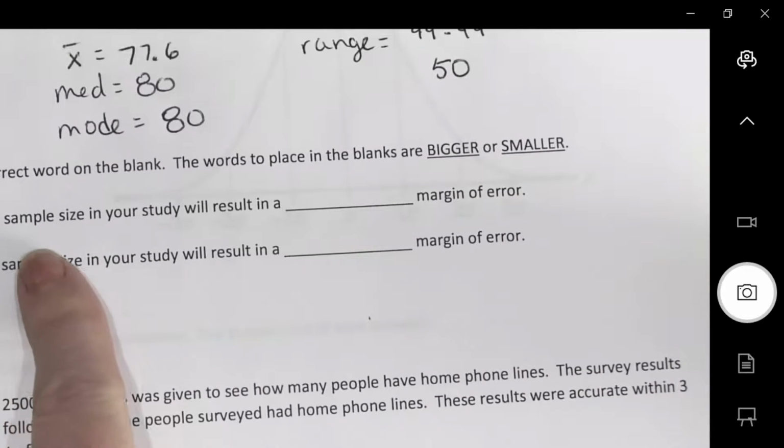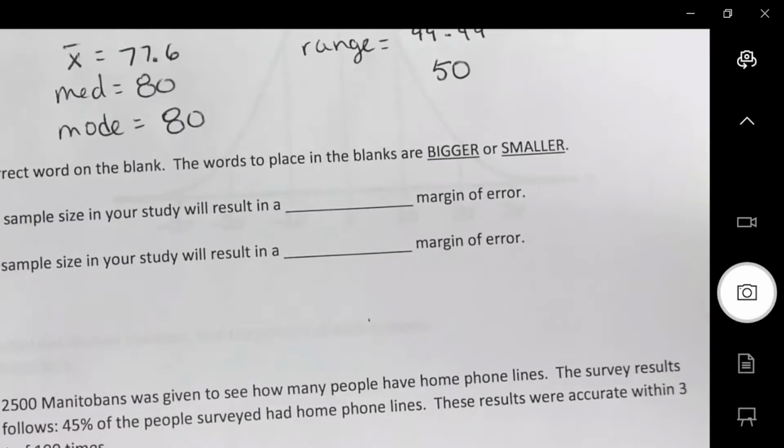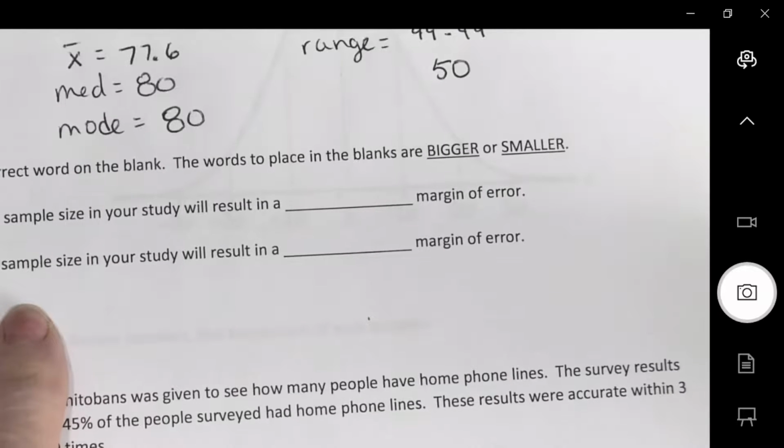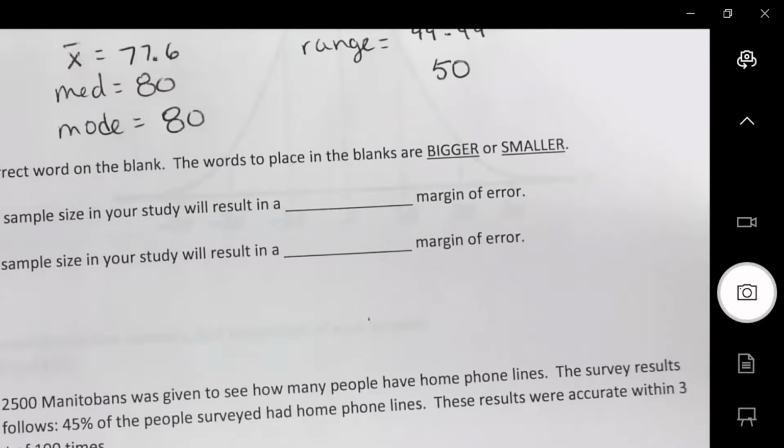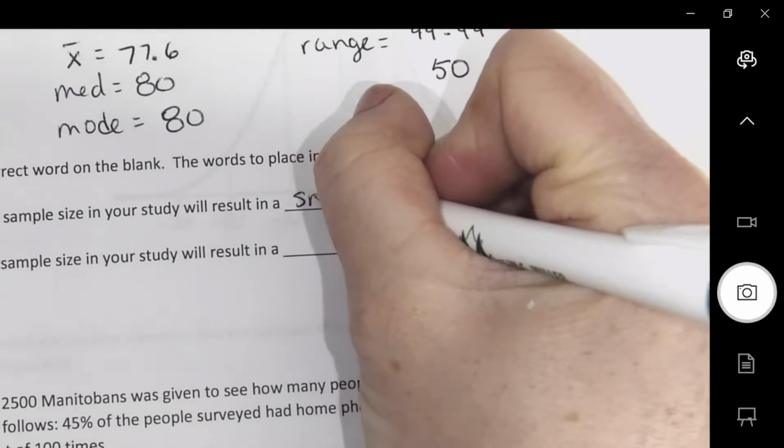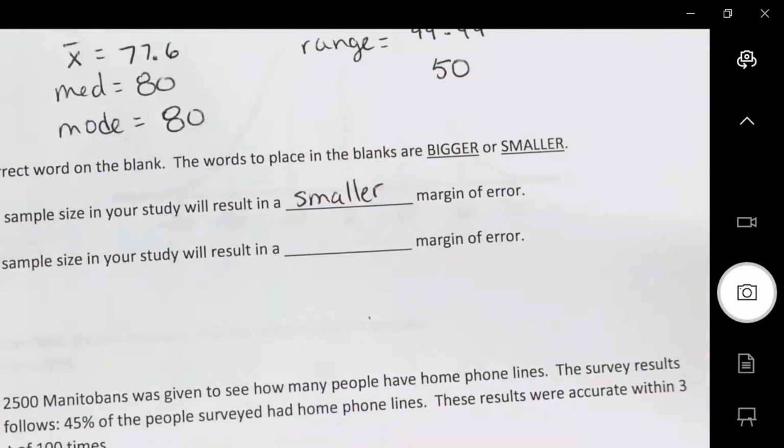Okay? So if I surveyed 2,000 people versus 40 people, what's going to happen with my margin of error? So the larger amount of sample I have, the more people I survey, my results are going to be better, right? More accurate. So this will be a smaller margin of error.